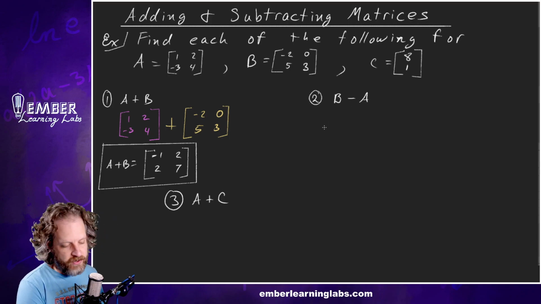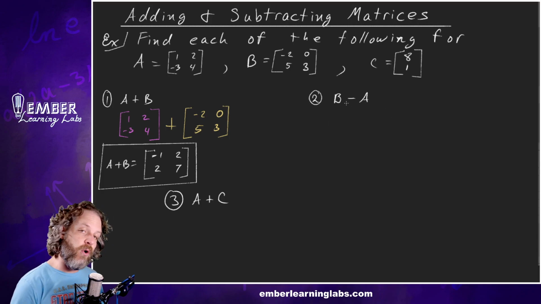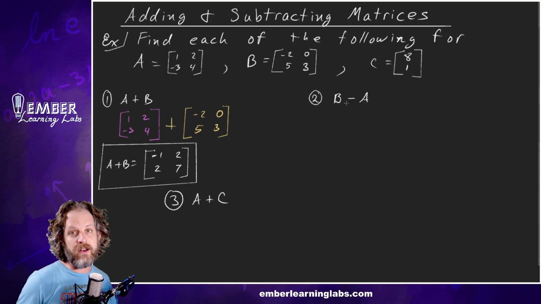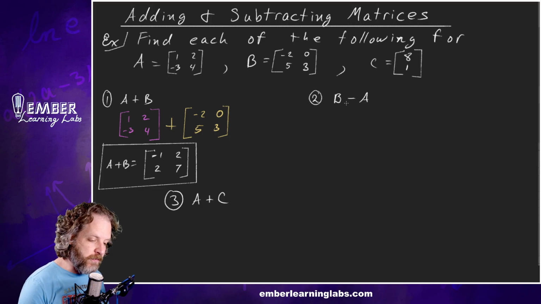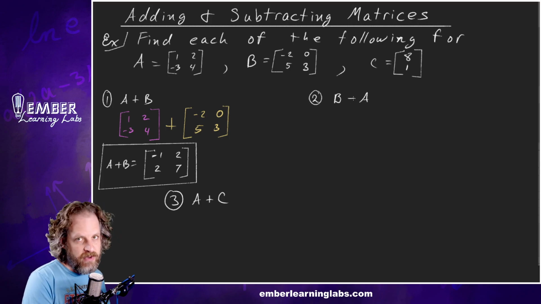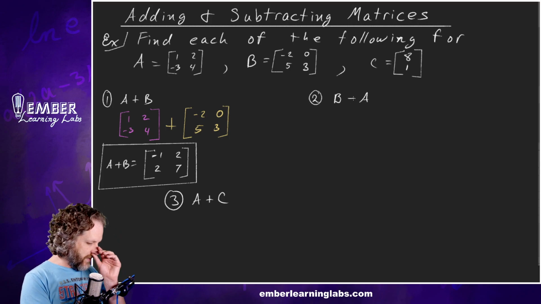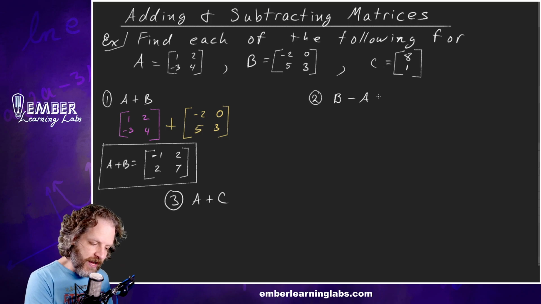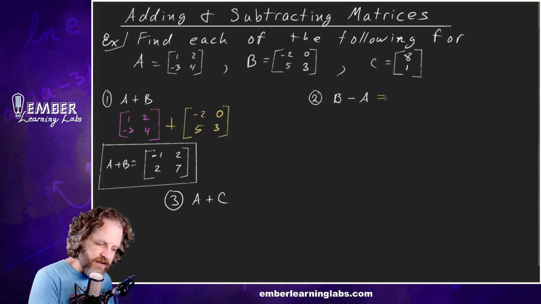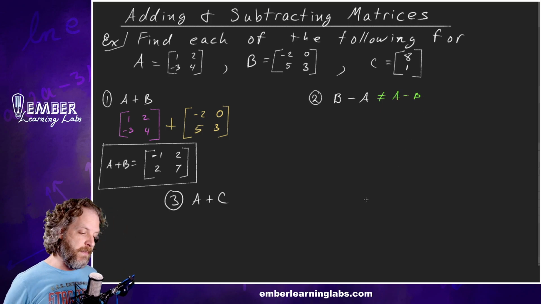Now, subtraction, we do the same thing. We just use a minus. Now, just like subtraction with regular numbers, the order matters. So we're going to add a little extra note that in most cases, there are some rare exceptions, B minus A does not equal A minus B. And that's important to note, that the order matters, right?